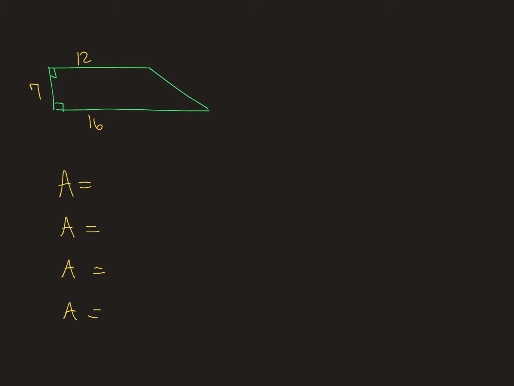All right, let's look at this trapezoid. 12 and 16 are my bases that are going to get added up. 7 is my height. And in case you forgot, A equals 1/2 H times (B1 plus B2). Now, if you're wondering what these little numbers down here are, it's just saying the first base and the second base.